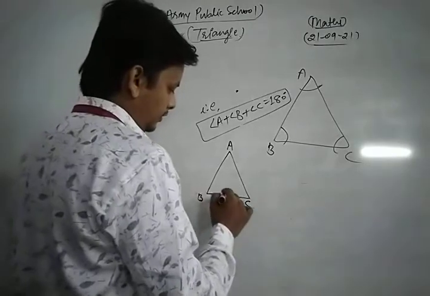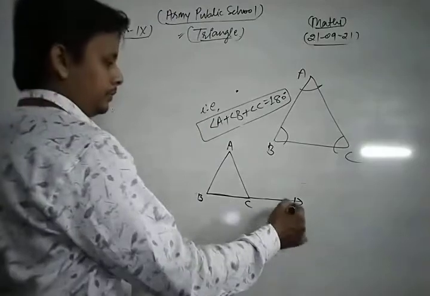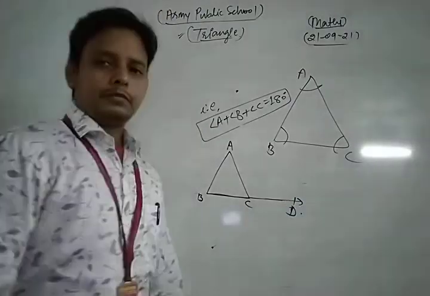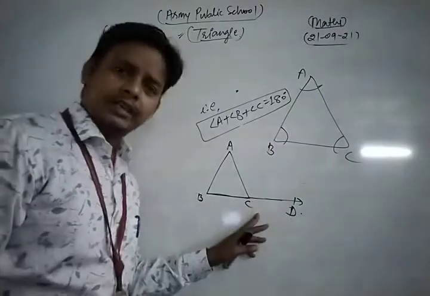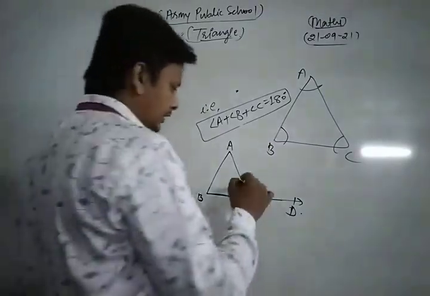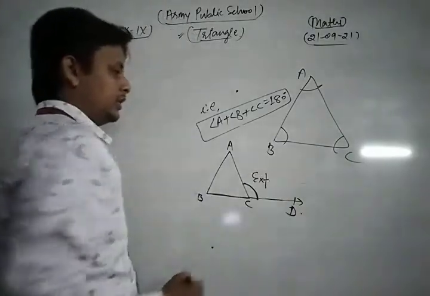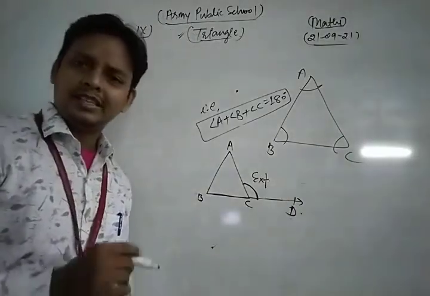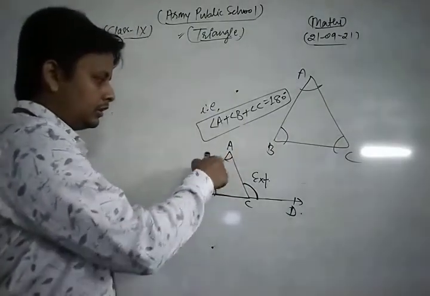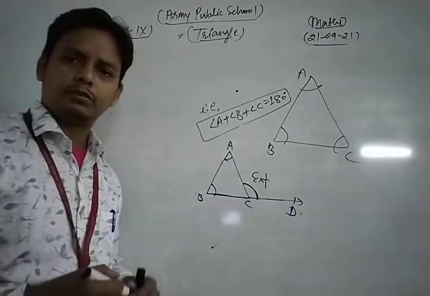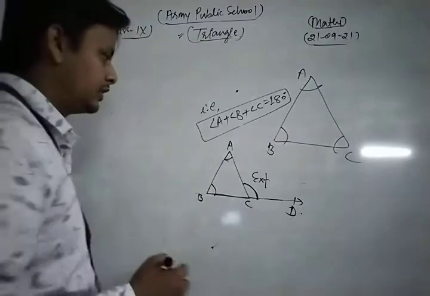And also, if one side of a triangle is produced, then the exterior angle is equal to the sum of its two opposite interior angles.